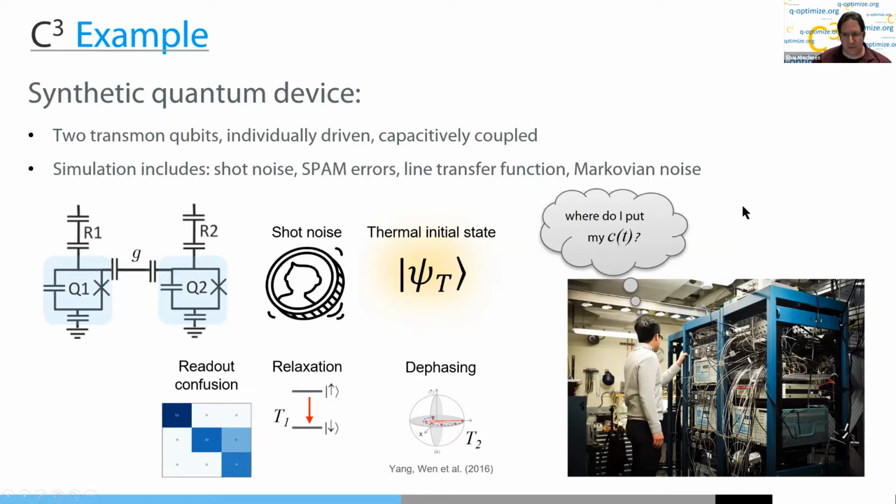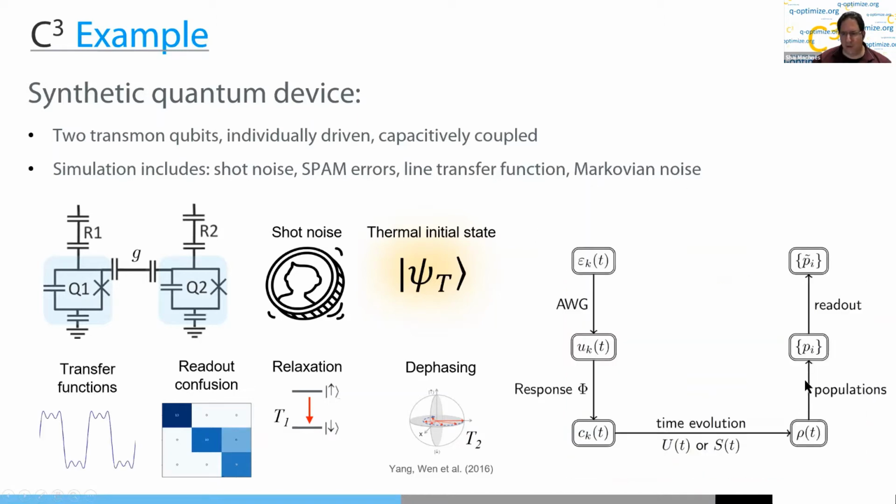So what we needed to simulate in addition is the whole chain of control processing, meaning you start with this arbitrary control shape, you go through the discretization that goes with an arbitrary waveform generator, you put a response function on top of that, there may be crosstalk between the control lines, then you have the time evolution, from that you derive populations, and then the readout, but the readout can, of course, have a confusion matrix because nothing's perfect.